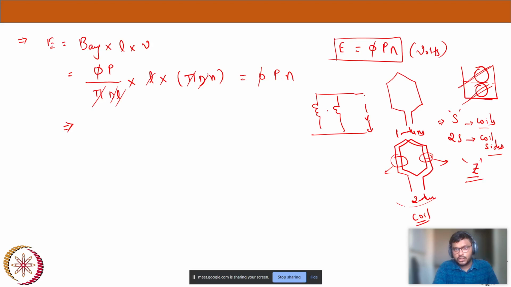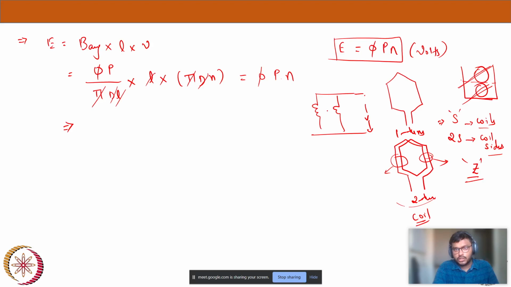The only variables will be the flux generated and the speed at which the machine is rotating. So this is the EMF generated equation: phi P n Z by A.